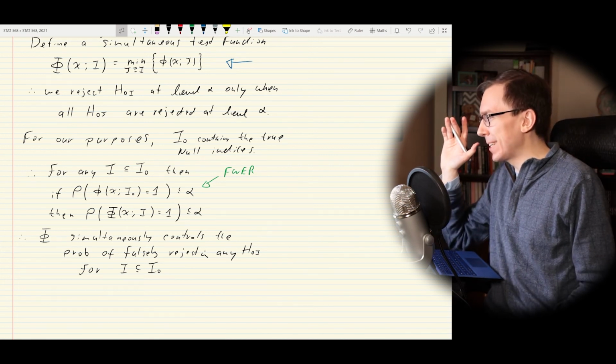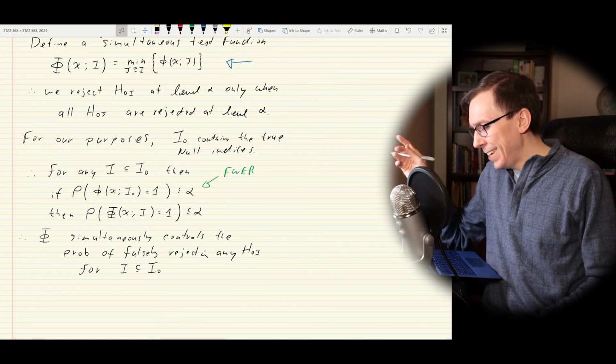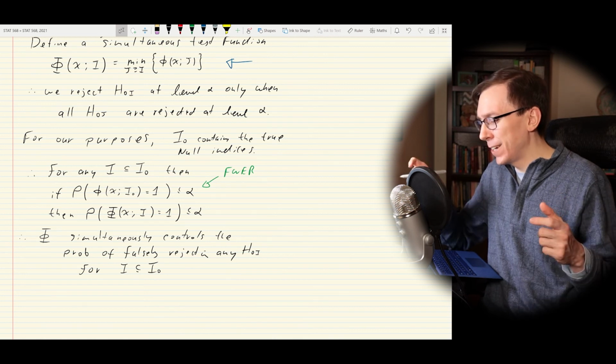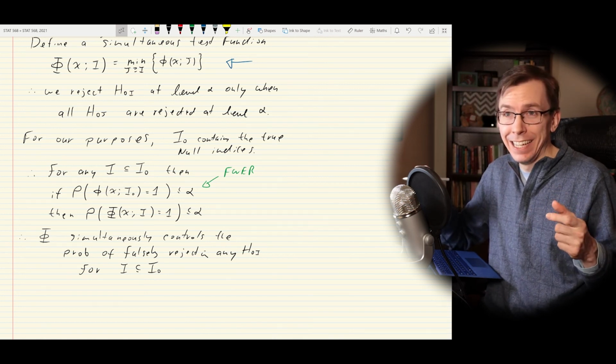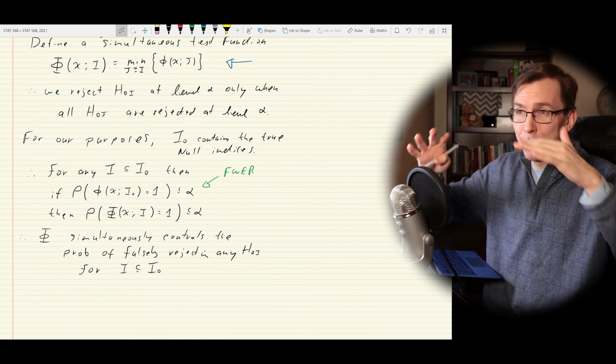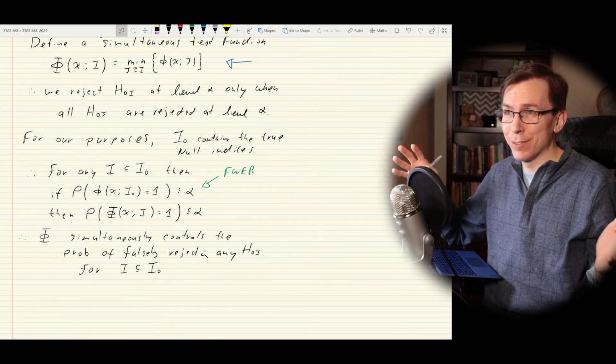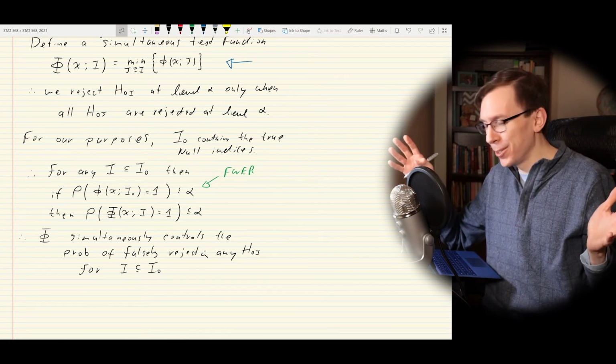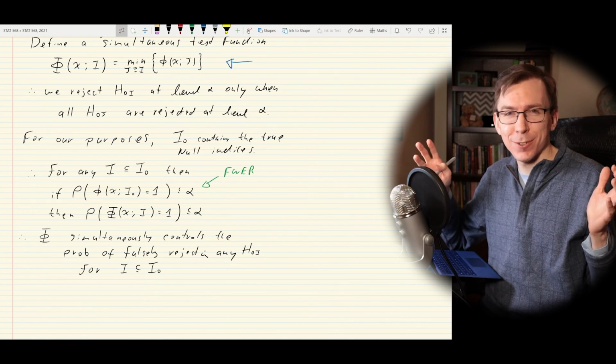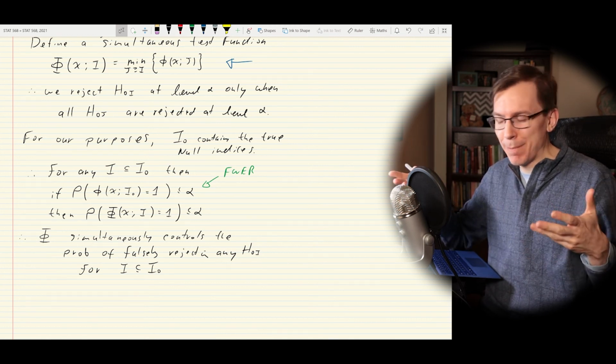So this is a really, really abstract way of saying, if we have a nice test function phi, little phi, then we can create the simultaneous test function capital Phi that will control what we need to control in this step down way.